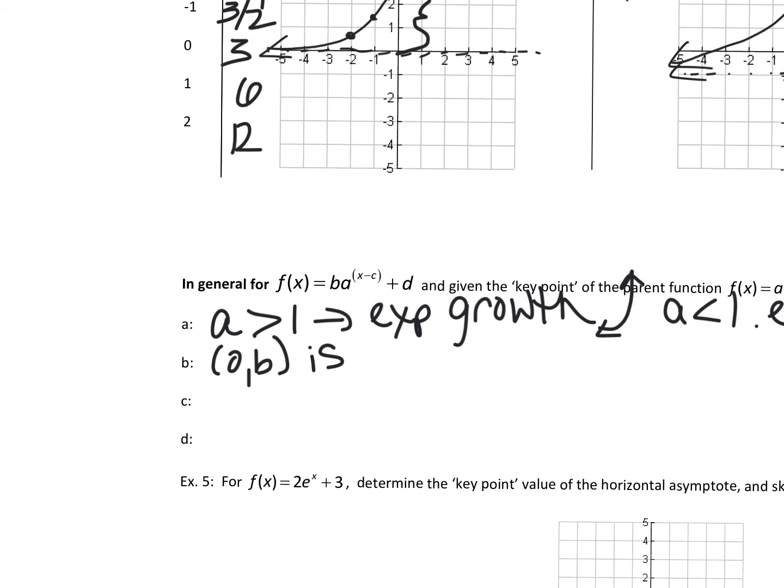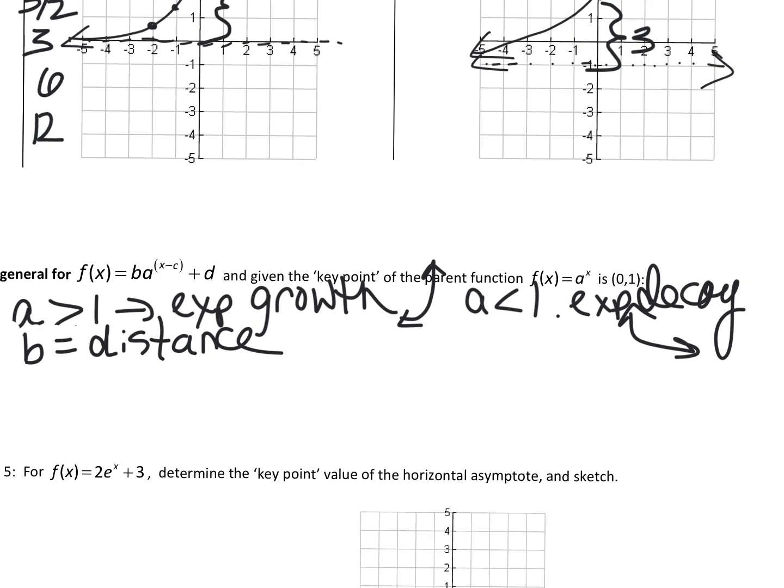Sorry, I am saying this wrong, my apologies. B is equal to the distance between the horizontal asymptote, just putting HA, and key point.